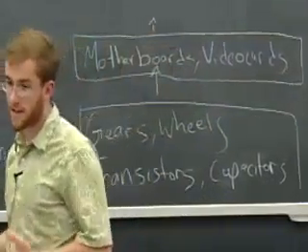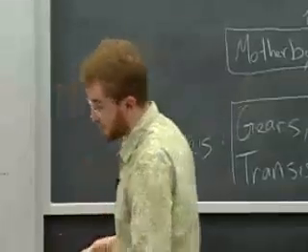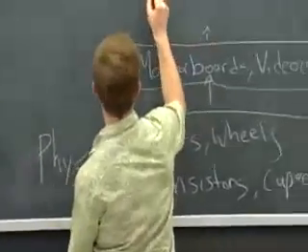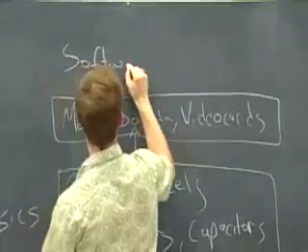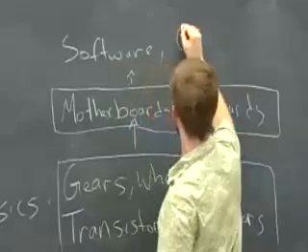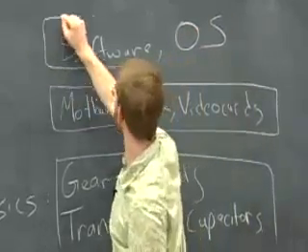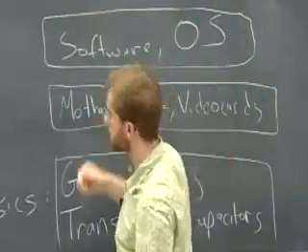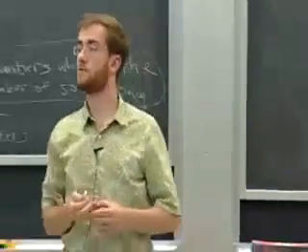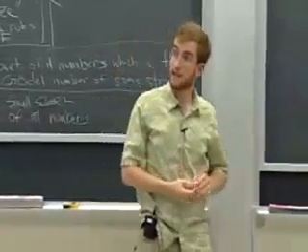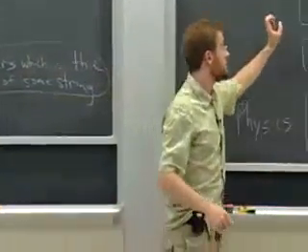And then we have this next step up, and this is really where the realm of computer science lives, is software and operating systems, which live on top of this even. And this is amazing, right? Suddenly we're dealing with things which don't really exist. We're executing spells.